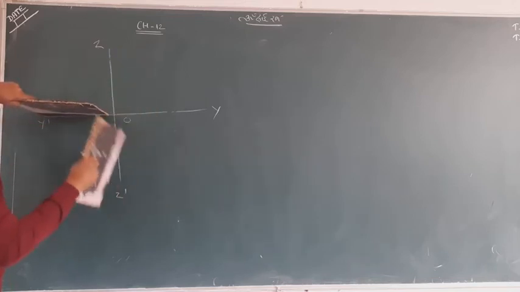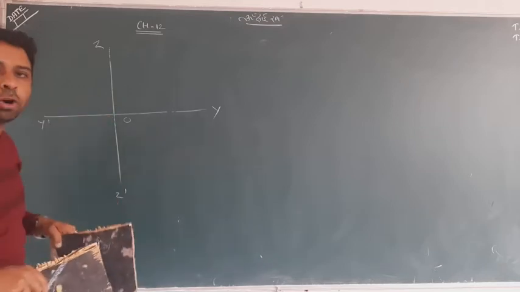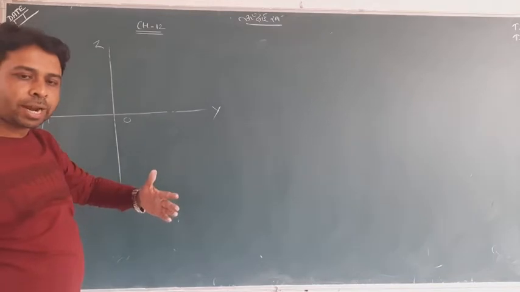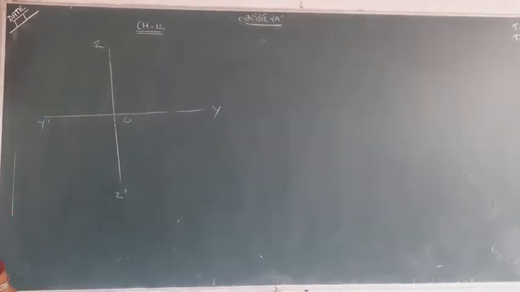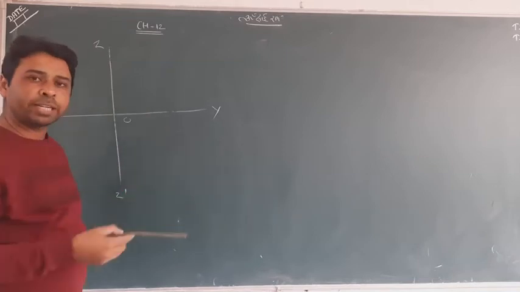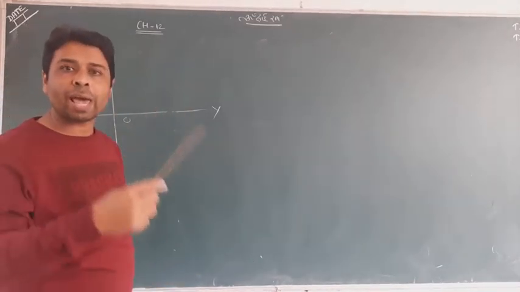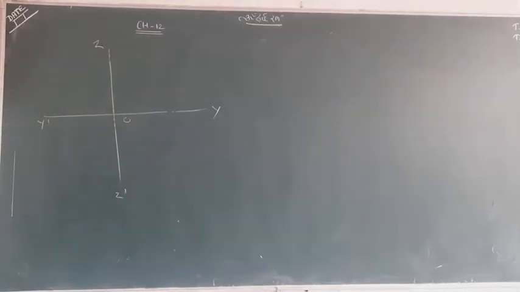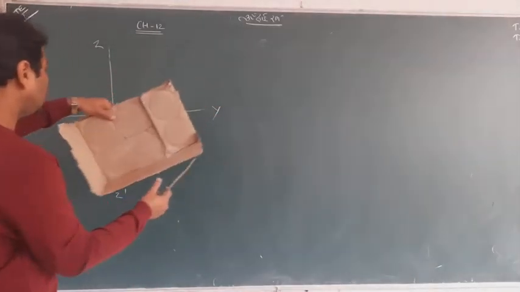So 1, 2, 3, 4. We have got 4 cabins, which are in front of the board. One can understand this is all formed with the positive x-axis. If you have a negative x-axis behind the board, then definitely 4 more cabins can be formed behind the board.